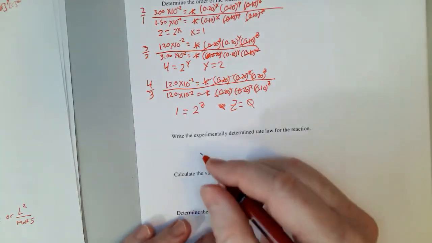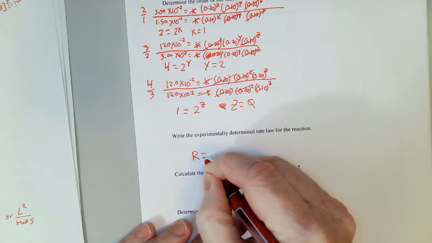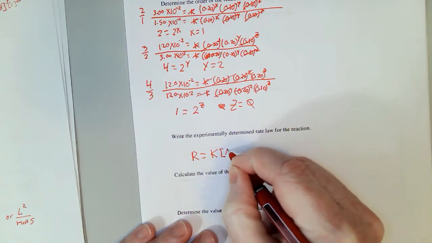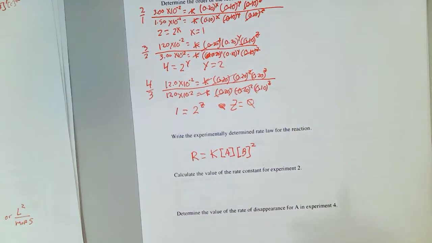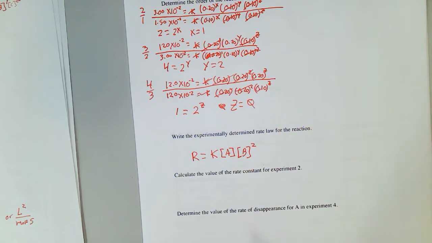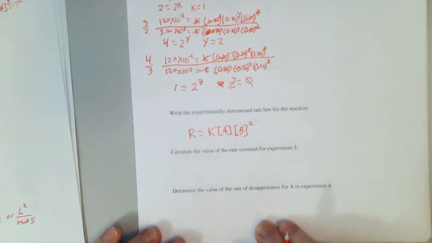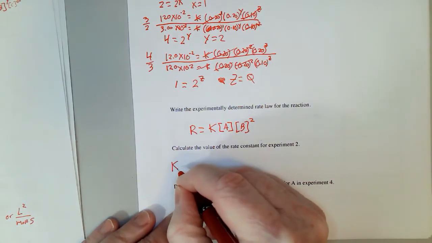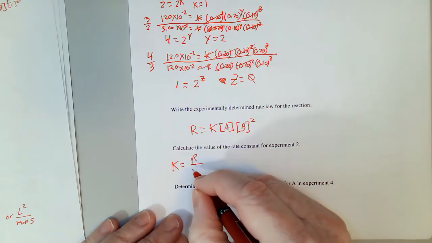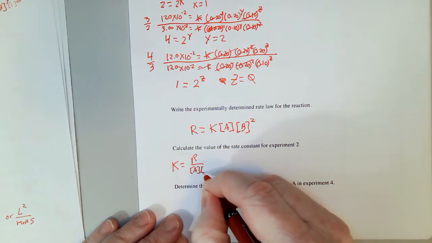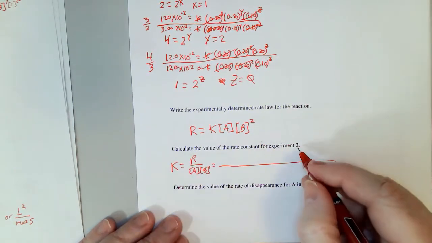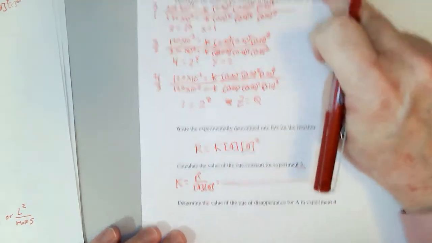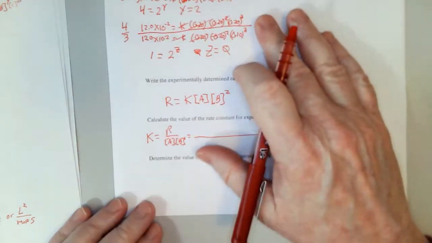So what is the experimentally determined rate law? R equals k times a to the first times b to the second. And I don't need to include c because its exponent is a 0. Now when I solve this for k, it equals r over a times b to the second. So this says specifically to do it for experiment 2. So I'll take data from up here in experiment number 2.